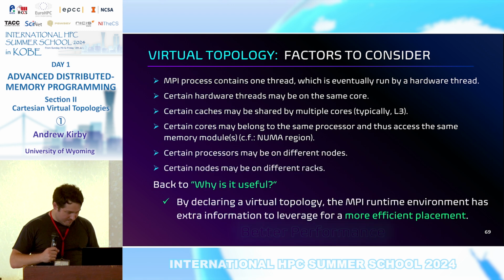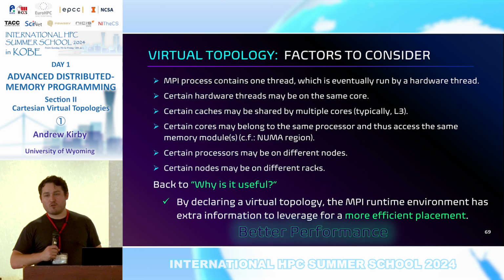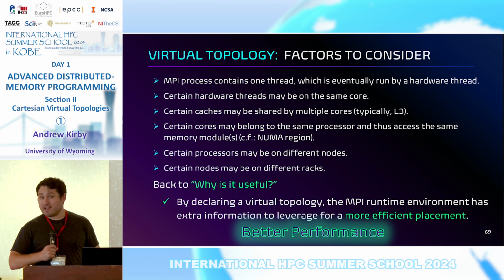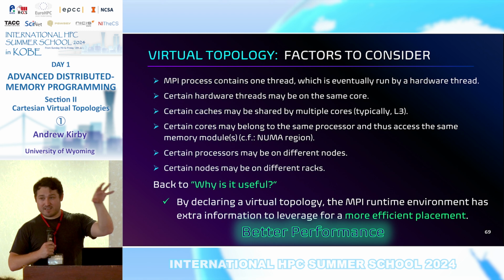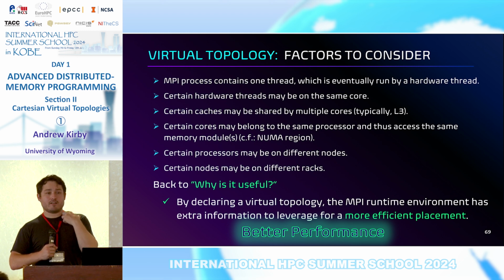Again, the whole goal of making virtual topologies is to hopefully get better performance. If the implementation of the MPI standard is good, you can ask it to reorder the ranks and take advantage of the underlying hardware in order to map your problem to better localize the communications.